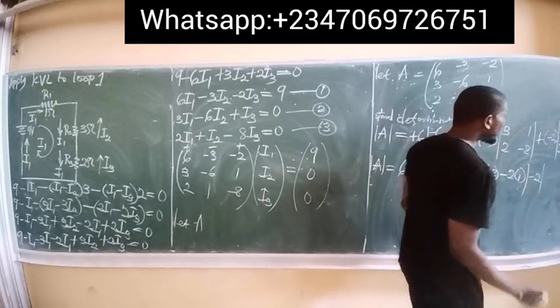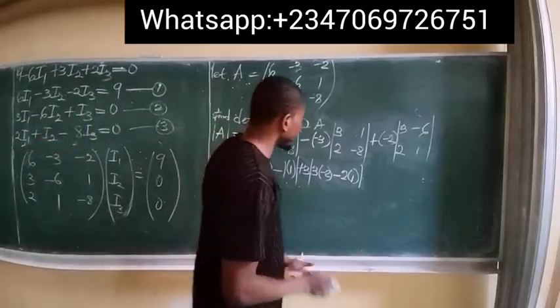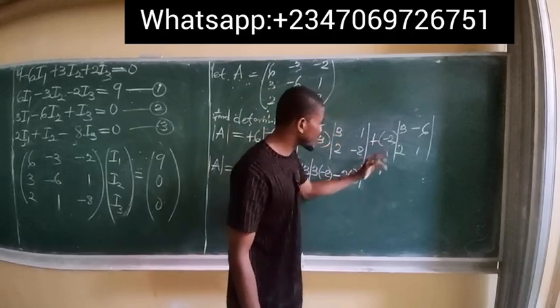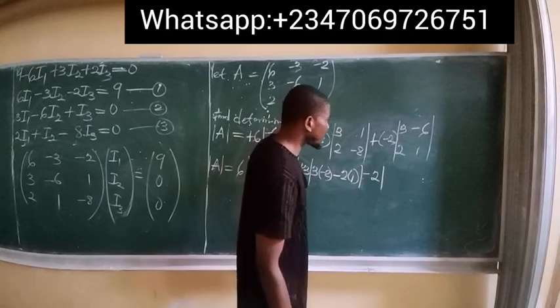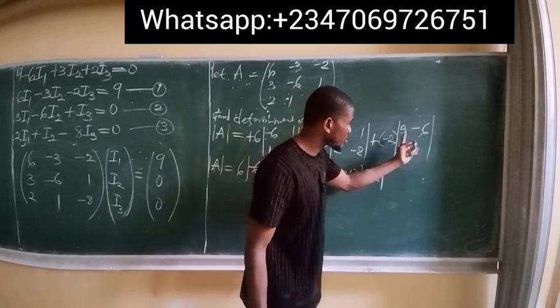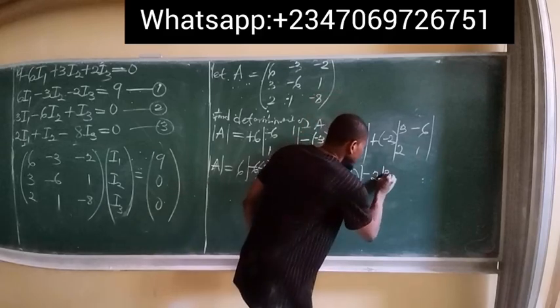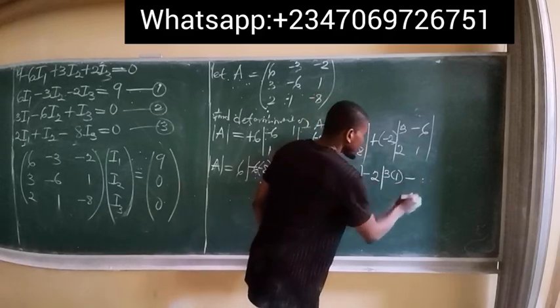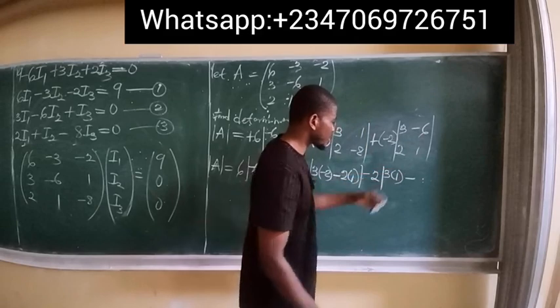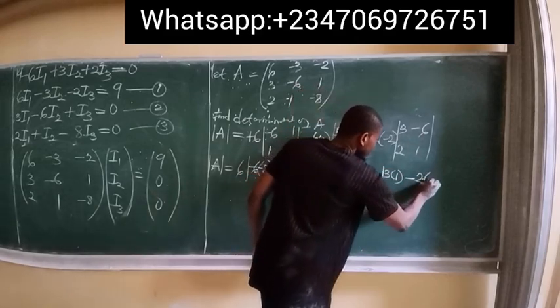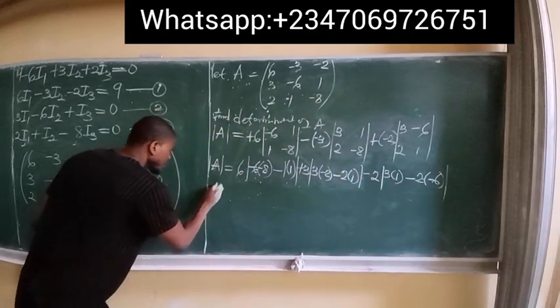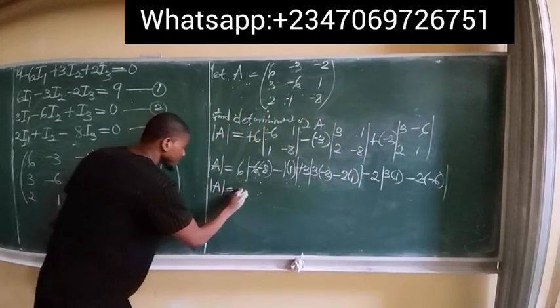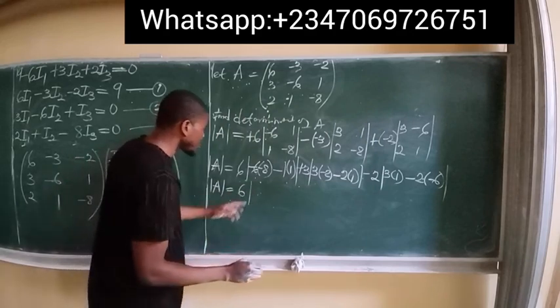Open your delta bar. Same thing. Here minus plus gives us minus 2. Put down your determinant bar. The product of the major row, which is 3 times 1, minus the product of the minor row, which is 2 times minus 6. Delta A is now equal to 6. Put down your bar.